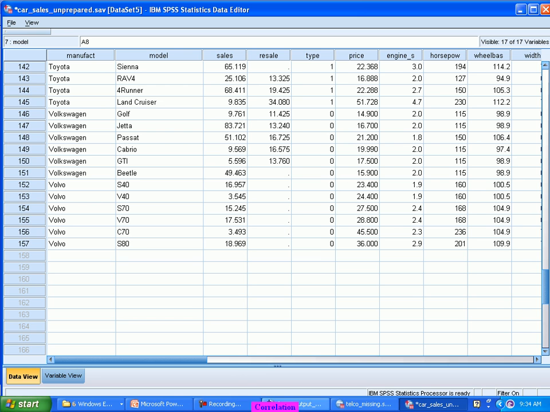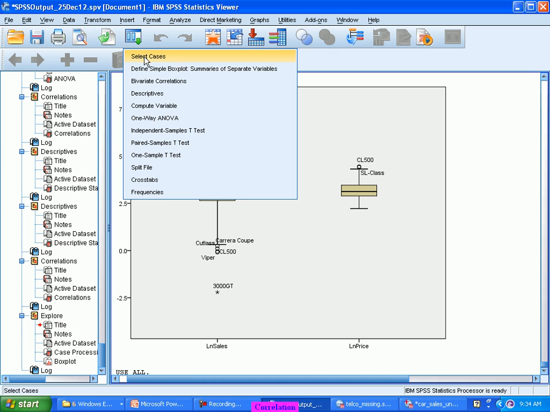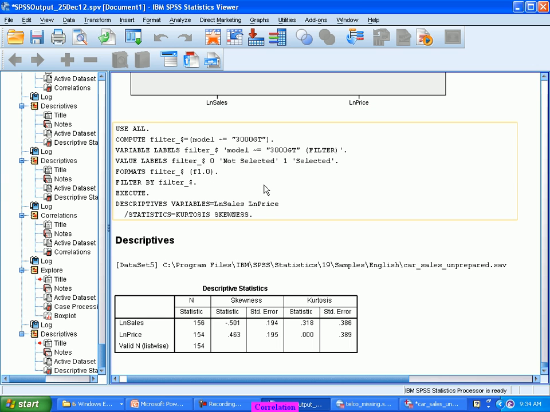Right? Now let's try out our analysis again. Probably this time I go with the descriptives. Yeah, better. Minus 0.50 is the skewness. Slightly still outside that 0.5 range, but minus 0.50 is the skewness and 0.31 is the kurtosis. No issues. And even for the price, wow, kurtosis is 0.